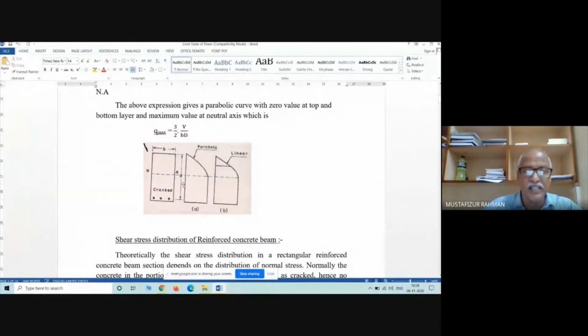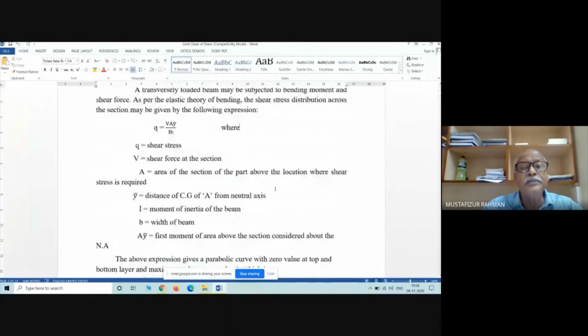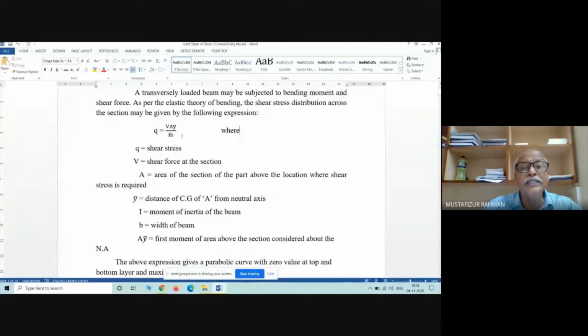This is idealized, not the actual shear stress diagram. See here, these are obtained in our structural analysis or strength of materials. Shear stress at any location with respect to the neutral axis is V by A, where V is the shear force and A is the cross-sectional area.